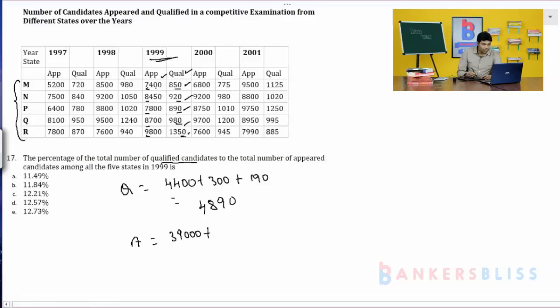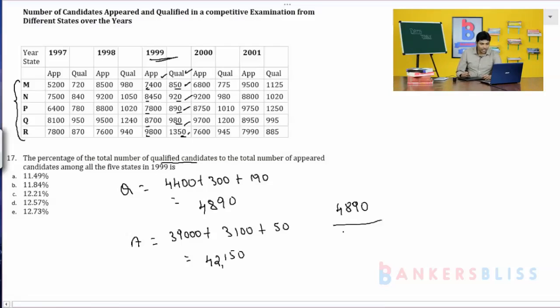Along with that, see here, 400 plus 400 is 800, 800 plus 800 is 1600, 1600 plus 700 is 2300, 2300 plus 800 is 3100, 3100 plus 50. So how much are you going to get at the end of the day? 39,000 plus 3,150, so how much are you going to get? 42,150.